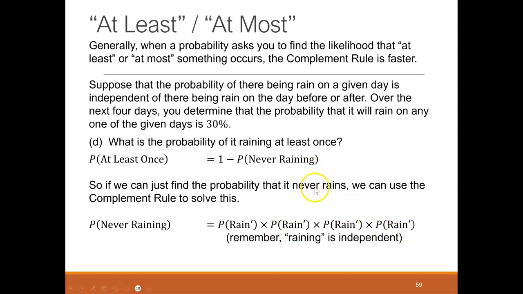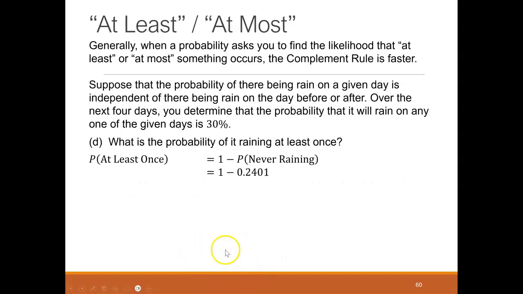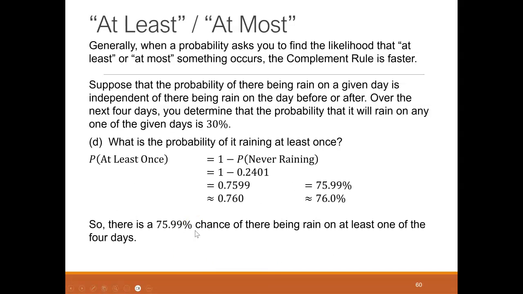What's the probability it doesn't rain on a given day? Well, if it rains, it's 0.3, not raining would be 0.7. So I got that. And then I do 1 minus that number. And there we go. 76% chance of it raining at least one of the 4 days. Pack your umbrella. Ha ha ha.